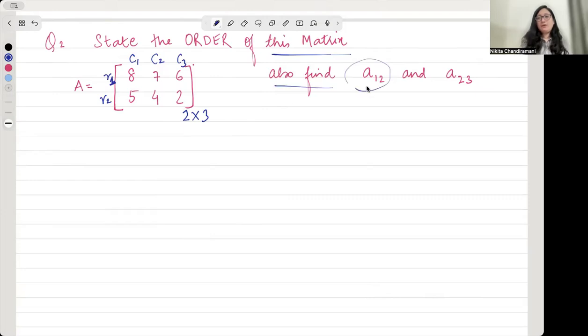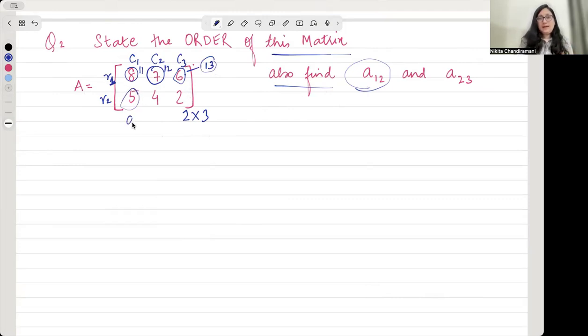Also find A12. So A12, it's the A matrix. The first row element 8 is A11. The second element of first row is A12. The third element of the same row, first row, third element, is A13.